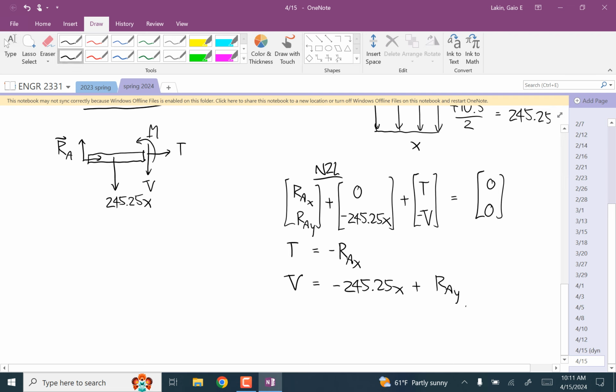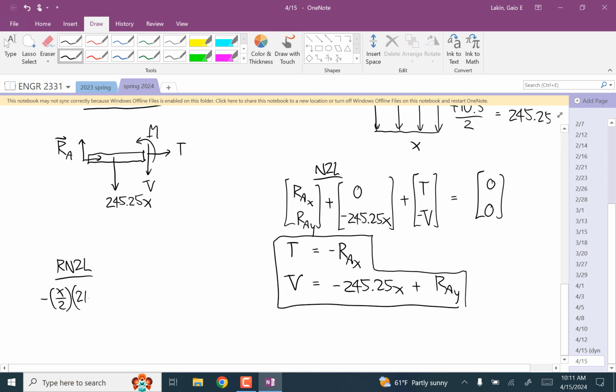And then the moment equation says negative x over 2 times 245.25x plus m minus vx is equal to 0. So m is equal to v times x, plus 122.625 x squared.